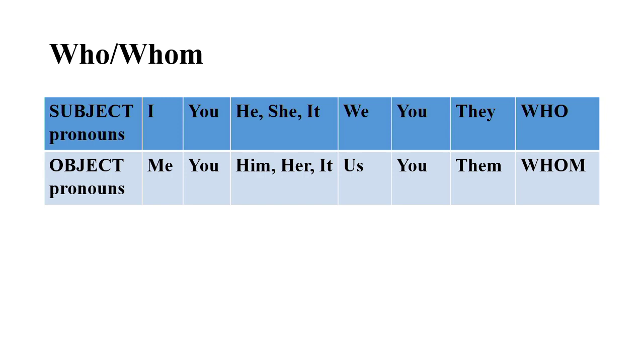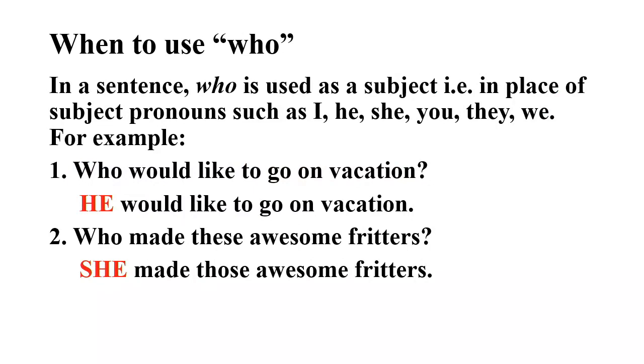Me, buy it for me, or hit me, or give him. So the object pronouns, me, you, him, her, it, us, you plural, and them, along with whom, come after the verb or after a preposition. Those are your object pronouns.